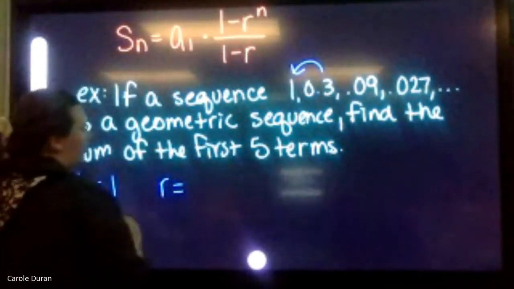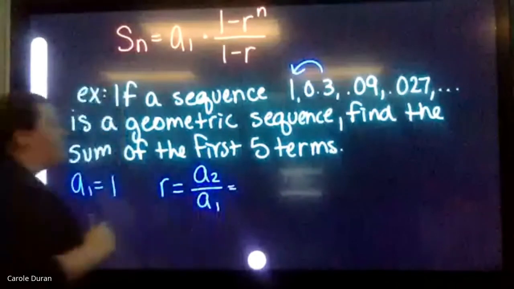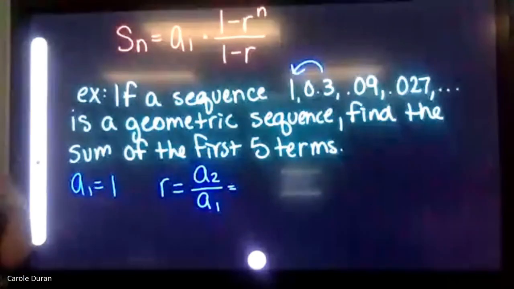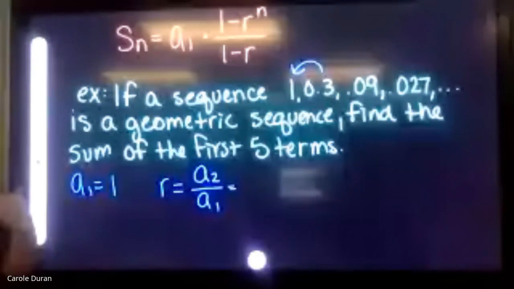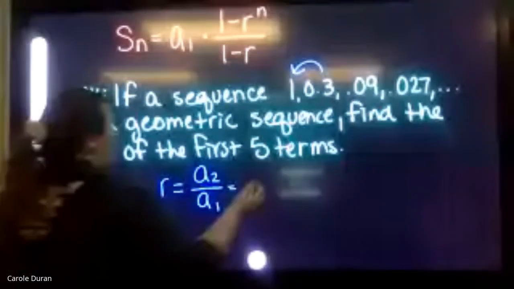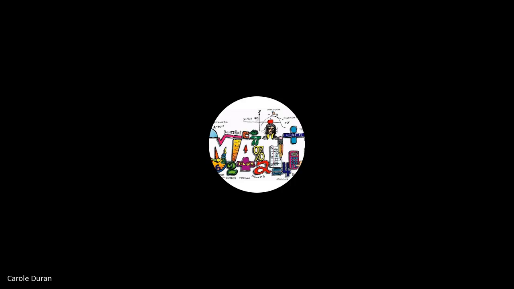So my ratio R is equal to A2 divided by A1. You could have used any consecutive set of terms, like A4 and A3, which is your choice. A2 here is 0.3, A1 is 1, which means my common ratio is 0.3, or 3/10. We're going to leave it decimal though, since I am pretty sure I'm going to get a decimal.